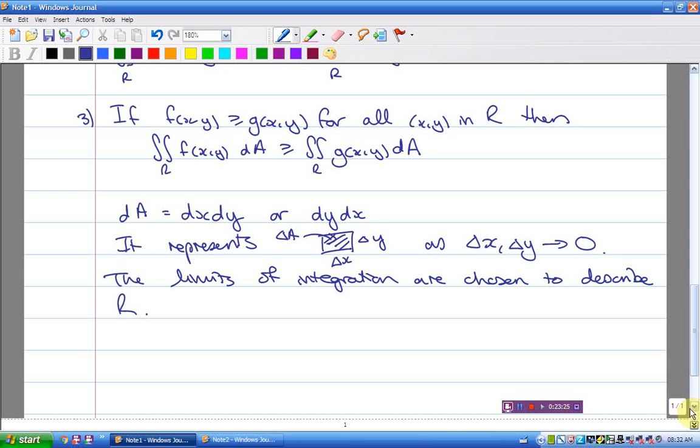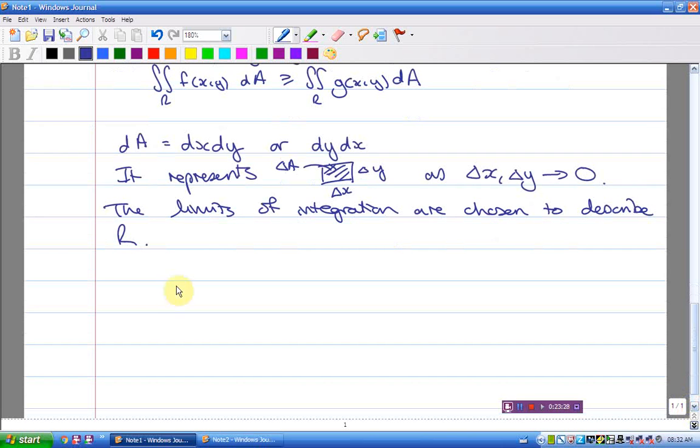Now, if I write an integral like this, I would call that a double integral.